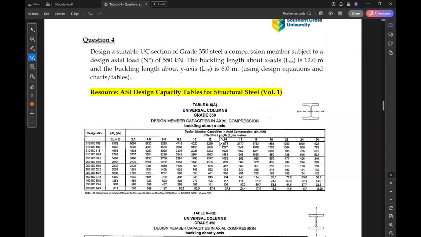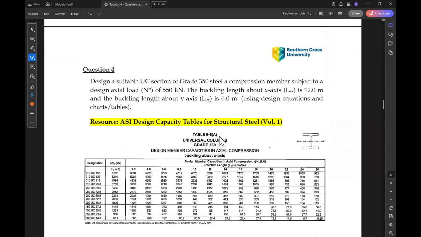Okay, if we go to another example for design of a compression member, to know how to use the tables or the charts for compression member.